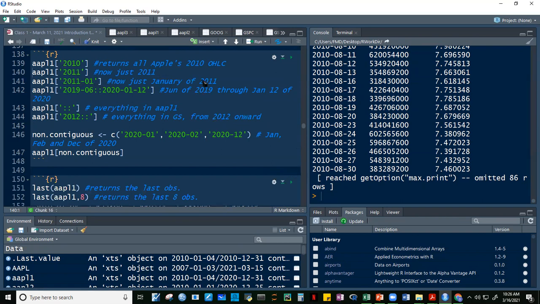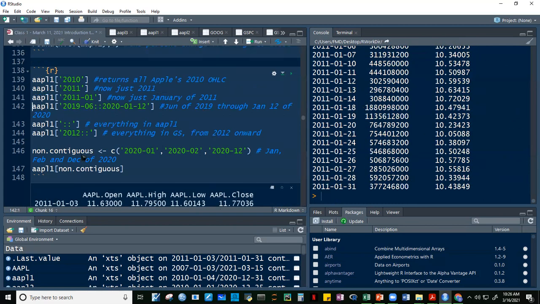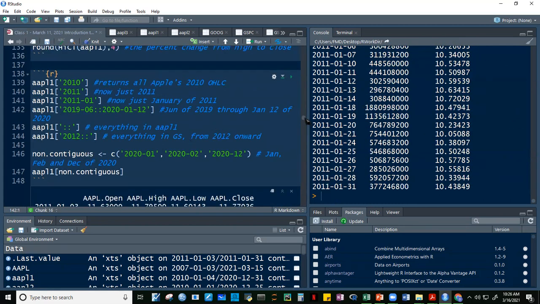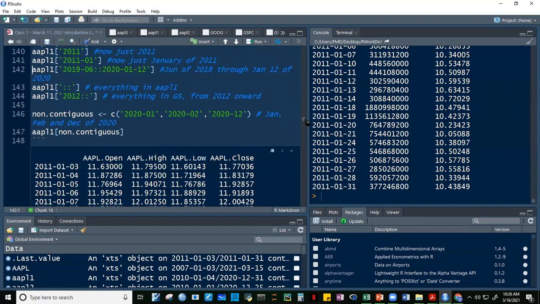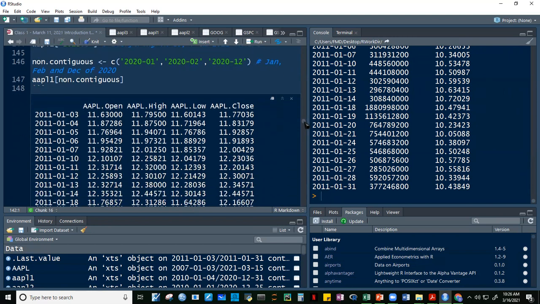Okay, this one is for 2011. And this one specified January 1, November 1 only. What is this? November, January. So all of January of 2011.